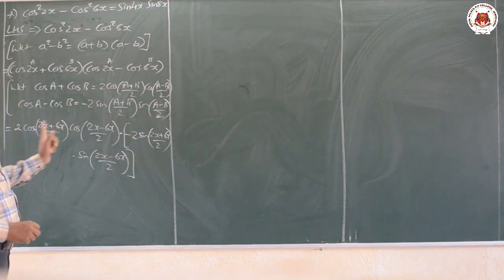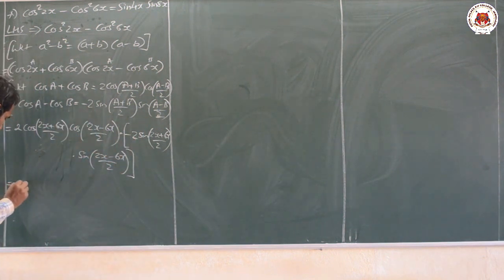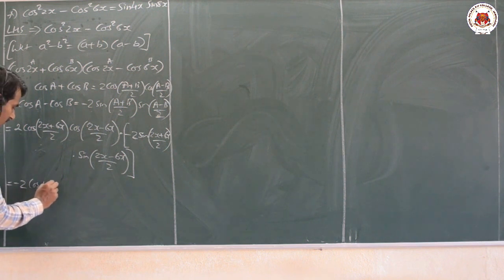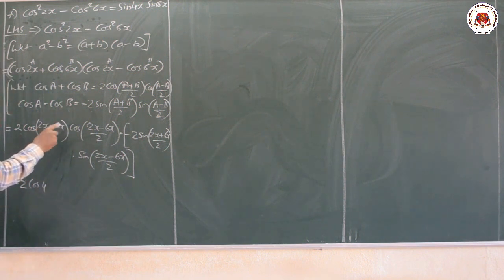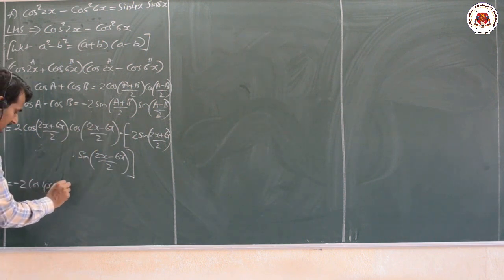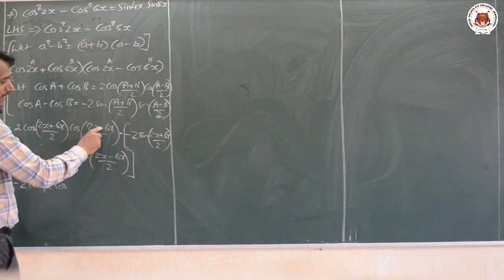Now here minus 2, I will take it common outside, minus 2, again 2 as it is, that is cos of (6 plus 2), that is 8 by 2, that is 4x. Here, minus, so what we get here is cos of minus 4x by 2.